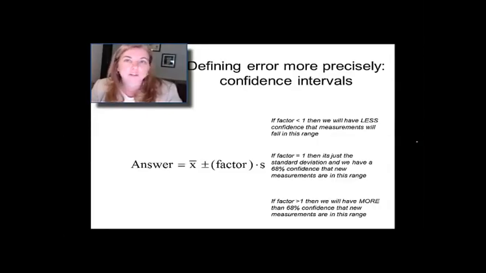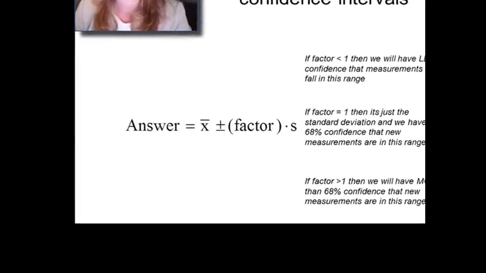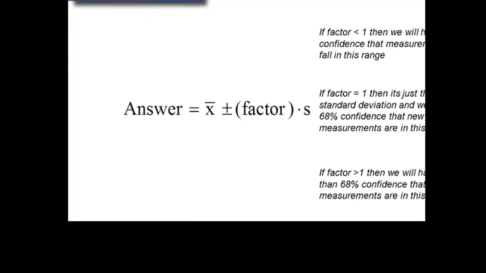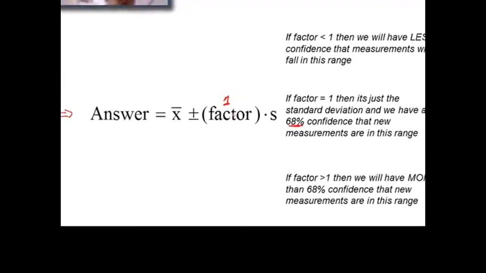Before I talk to you about where the factor comes from, let's reason through how to think about it. If in this example the factor was 1, well, then you're going to be 68% confident that the new measurements are in this range. That's just the zeroth order case we had before.